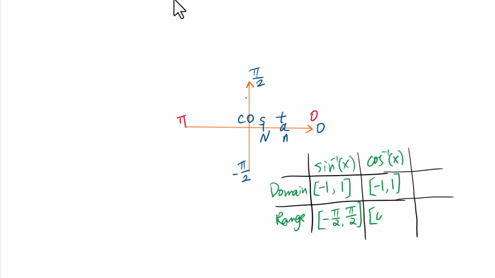Range is between 0 and pi. For the inverse tangent function, domain is all real numbers. Range is from negative pi over 2 to pi over 2. Use this diagram to remember the range of the inverse functions.